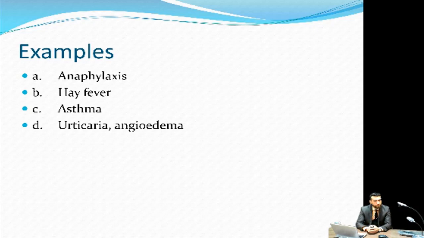Asthma is an example of type 1 hypersensitivity that results from contact with the antigens, resulting in the initiation of immunoglobulin E, which causes bronchospasm. Urticaria and angioedema: type 1 hypersensitivity causes urticaria, which is an itching sensation in the skin, with or without swelling.